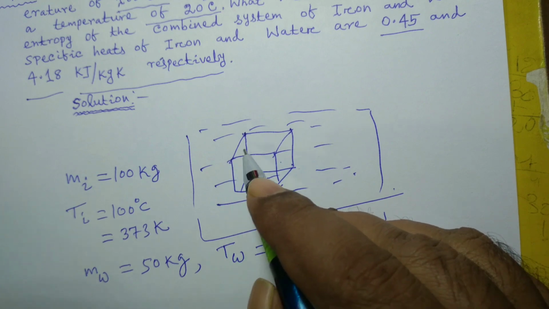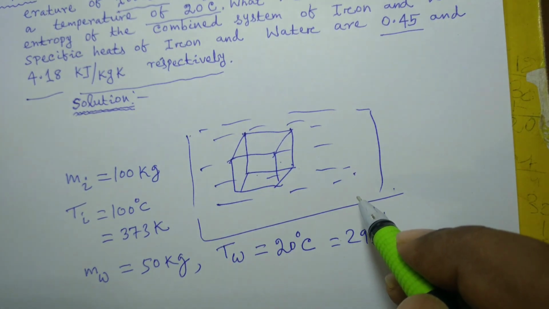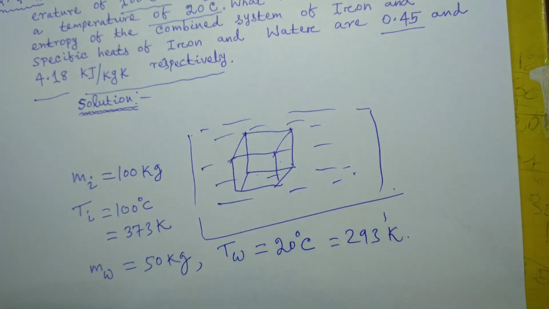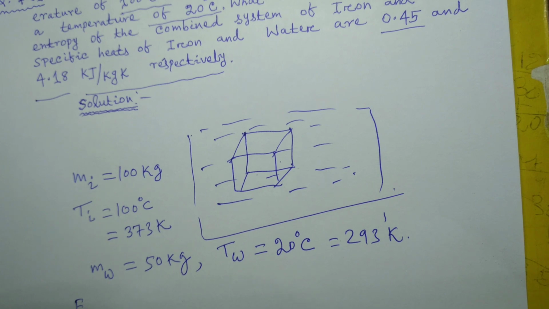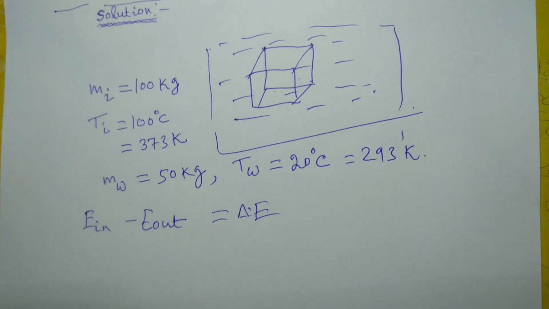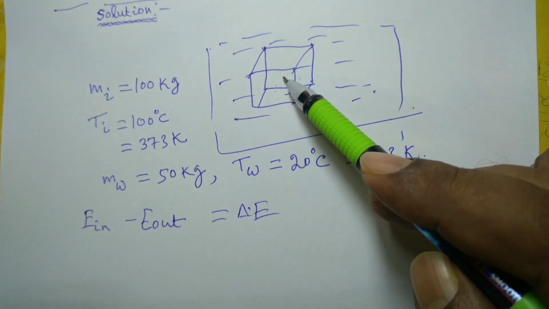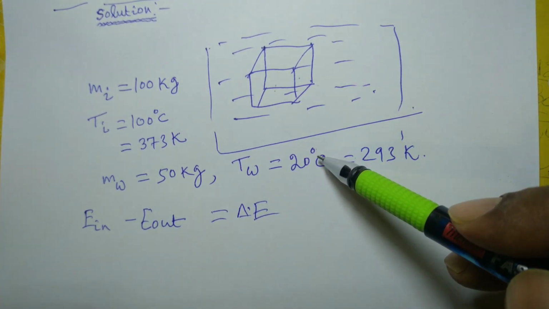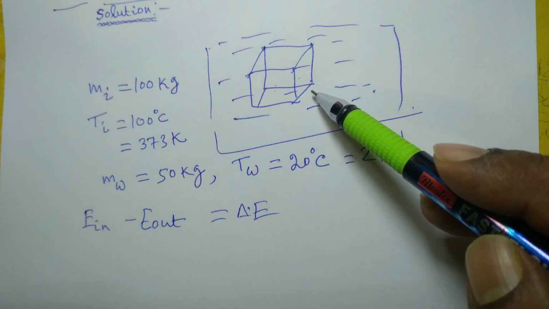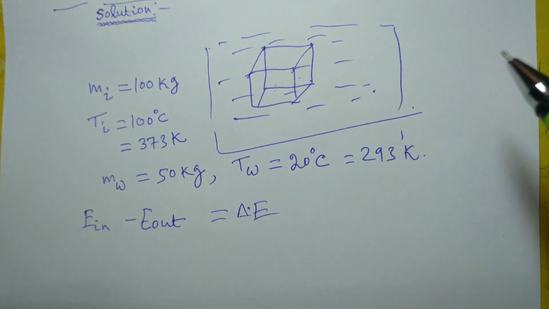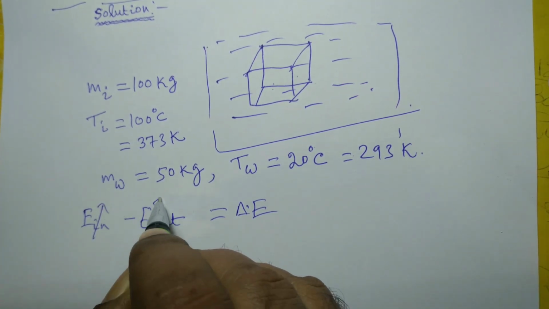If this composite system is isolated and you apply the energy balance principle, E in minus E out is equal to delta E. Since this is an isolated system, there is neither any energy interaction into it nor any energy leaving it. So these two terms are zero.